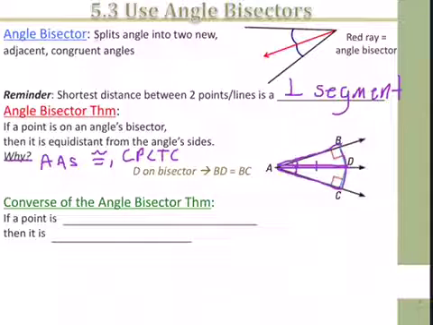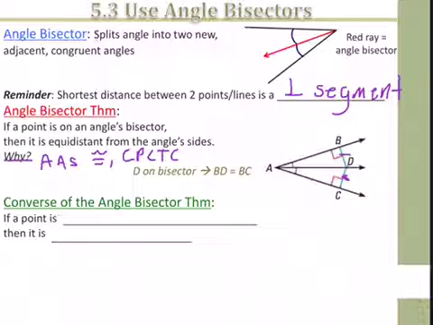Cakewalk. Because this top triangle and this bottom triangle are congruent to each other, that would give me that BD is congruent to DC, which implies, based on the definition of congruence, that D is an equal distance from B and C.